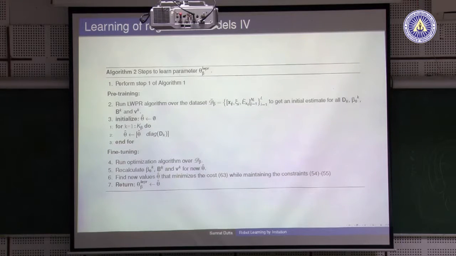And once the data is fit, then we go for the fine tuning, where we learn the Lyapunov P matrix. That is P2, and there is no constraint on P2, like it has to be positive definite or negative, nothing, because we have already set our Lyapunov function in that way, such that we do not have to put any constraint on P2.